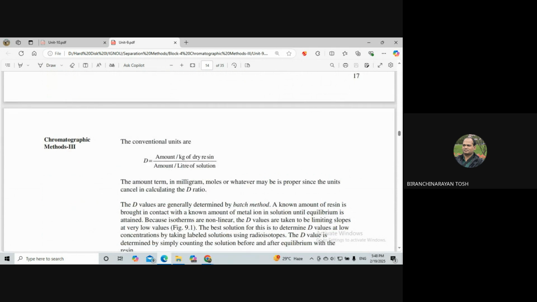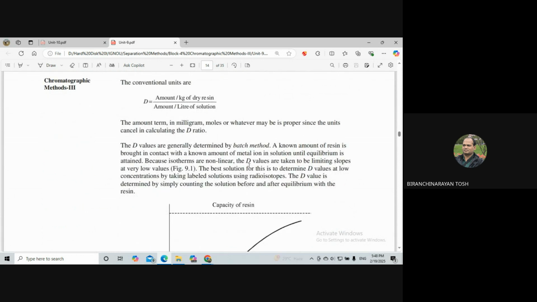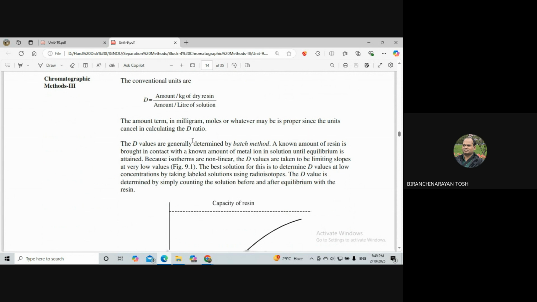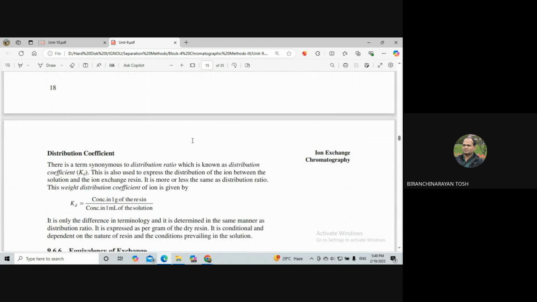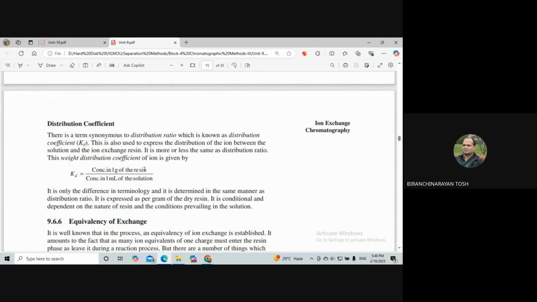The amount may be in milligrams or moles or whatever is proper, since the units cancel during calculation. Then the distribution coefficient, which is concentration in 1 gram of resin per concentration in 1 milliliter of solution. So that is the distribution ratio or distribution coefficient.